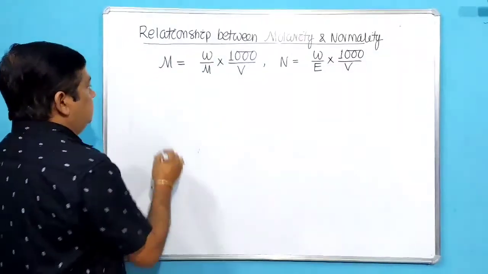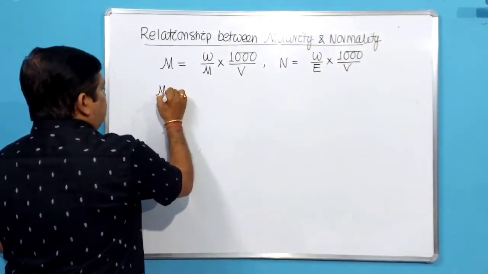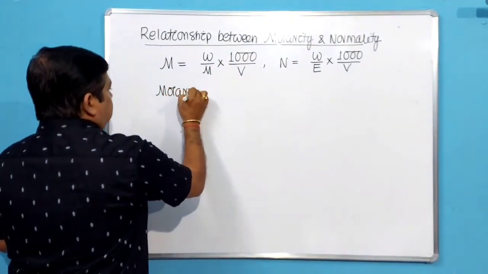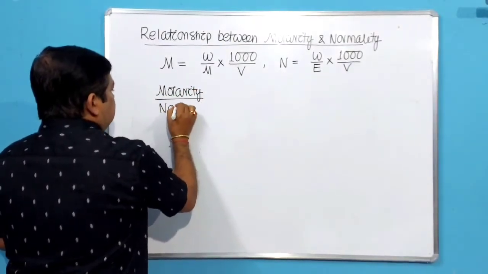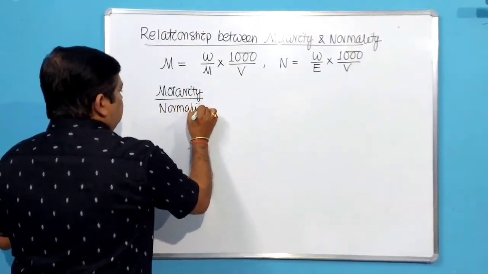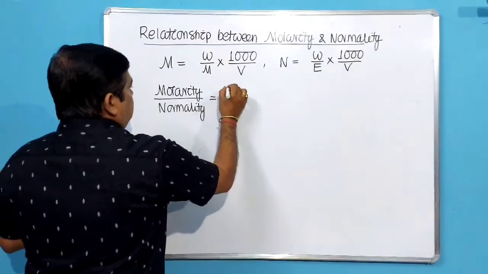So for the same volume, when V is same, if you divide molarity by normality, what will be found?